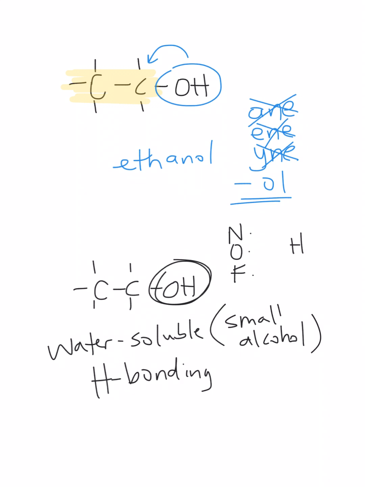The oxygen in the hydroxyl group will always form a strong hydrogen bond with the H on adjacent water molecules, so it's always going to be very soluble in water as a result. Most alcohols are water soluble, especially the small ones.